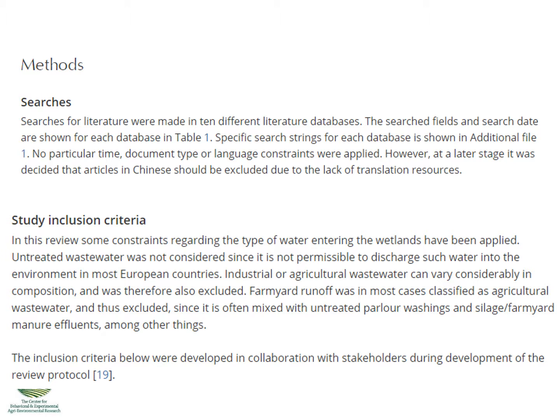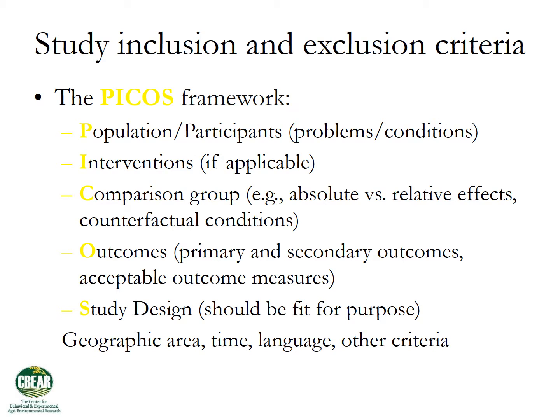And generally people follow what's called, you can't really see that, the PICOS framework, P-I-C-O-S. The P's for population, you define exactly the population of participants that you're going to be focused on. You define exactly the interventions that are relevant, if that's what you're focused on, interventions rather than trends.